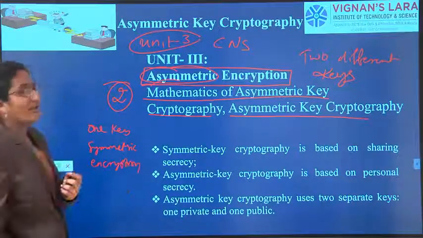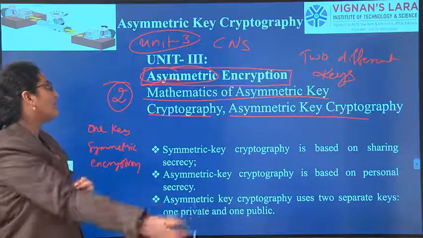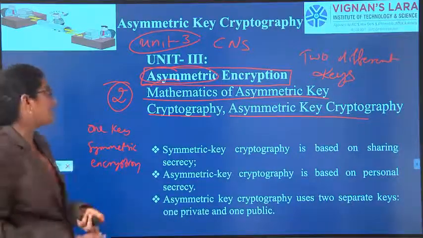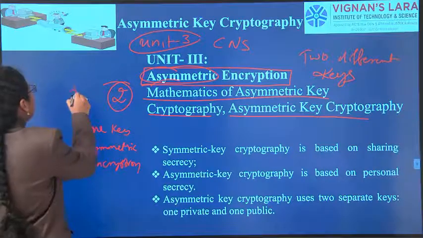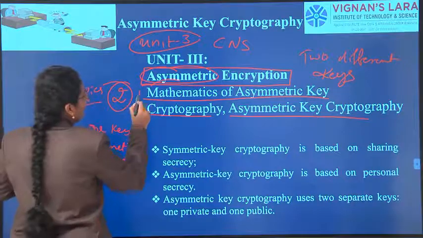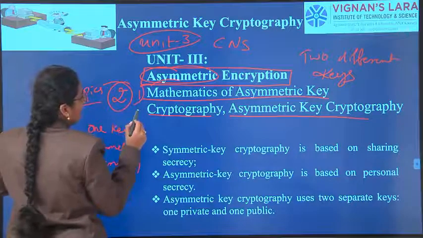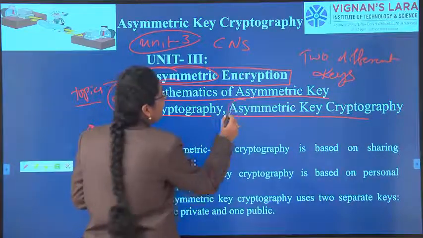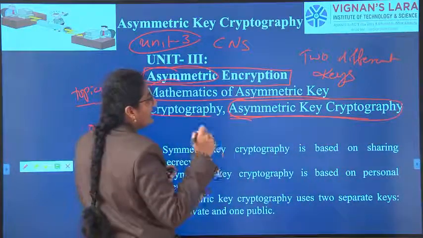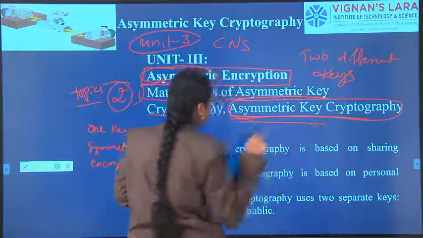The name of unit 3 is asymmetric encryption. What is the meaning of asymmetric? Using two different keys. We have two topics in this unit. First one is mathematics of asymmetric key cryptography, that we will discuss later. And the second topic is asymmetric key cryptography, which we are going to discuss today.